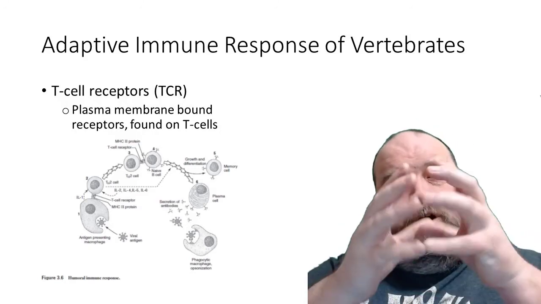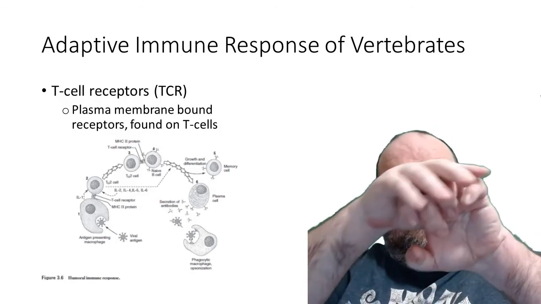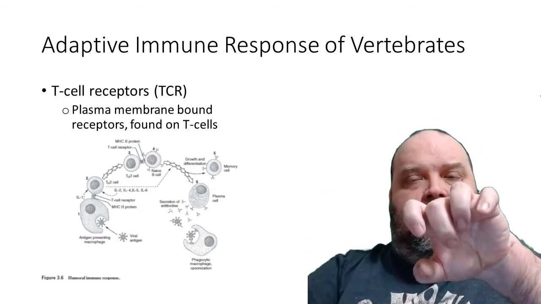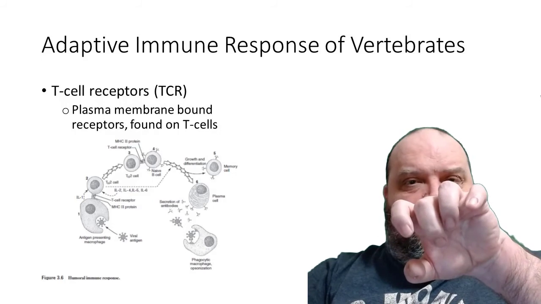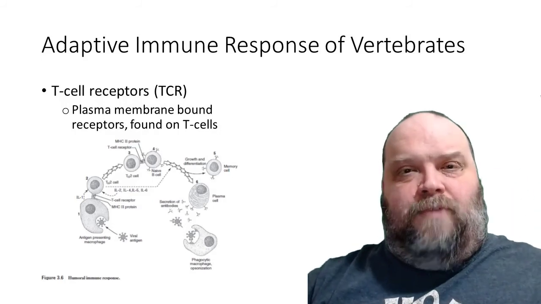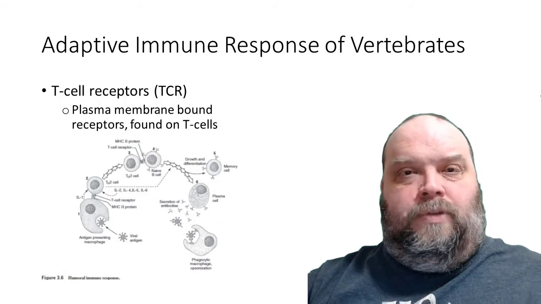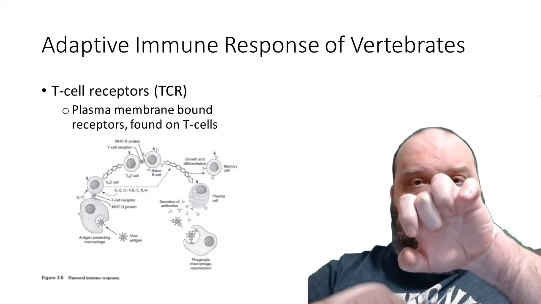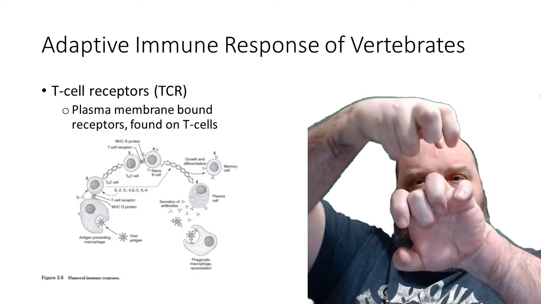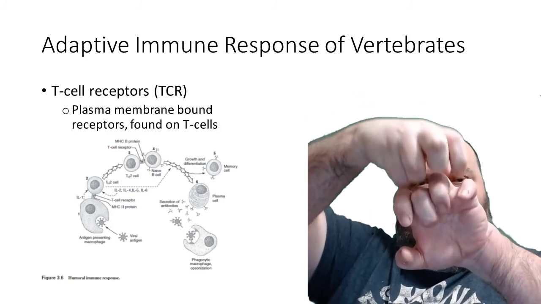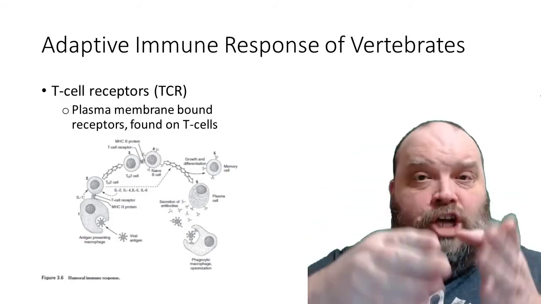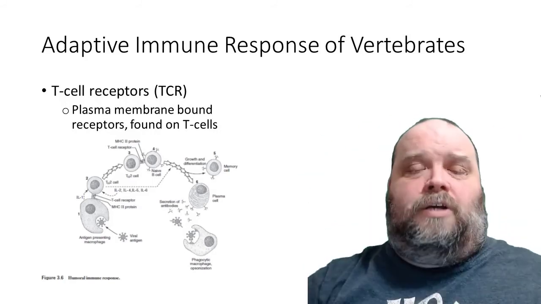And it's that overall structure at the end of that variable region that will determine the shape of the end of the T cell receptor, the end of the FAB fragment of an antibody. How that is shaped will determine what kind of antigen it can interact with. Shape dictates function. Shape dictates interactions.